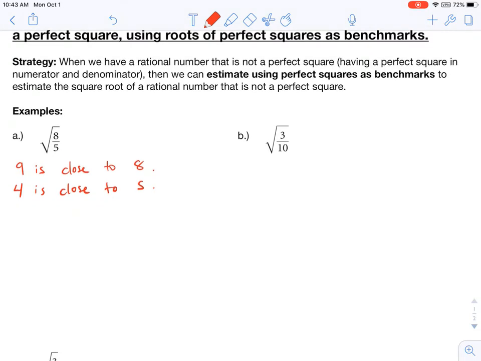So then what we do is we take the square root of 8 over 5, and we can say that it is close to, so this equal sign with a dot on top means is close to, the square root of 9 over 4. But we know that 9 over 4 is equal to 3 over 2.